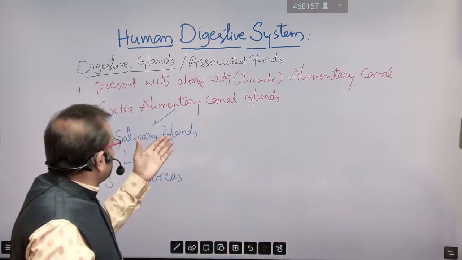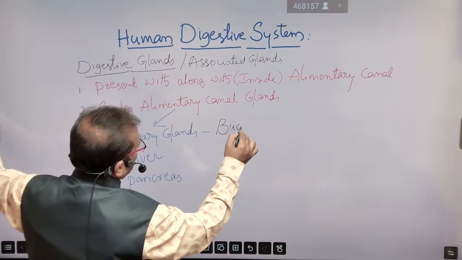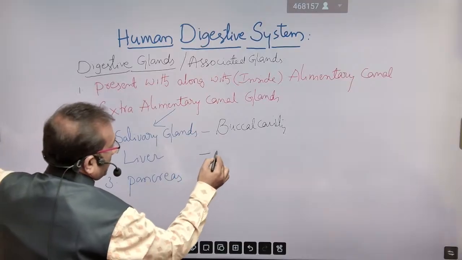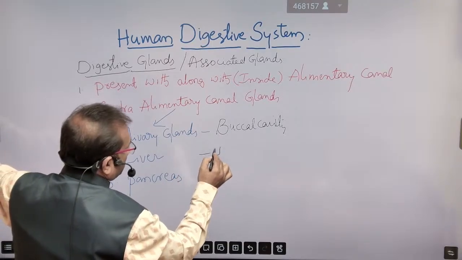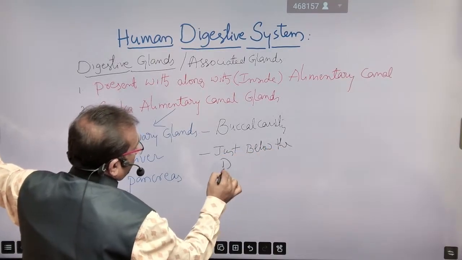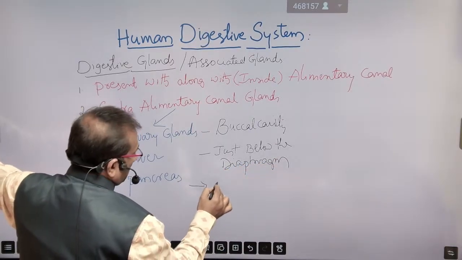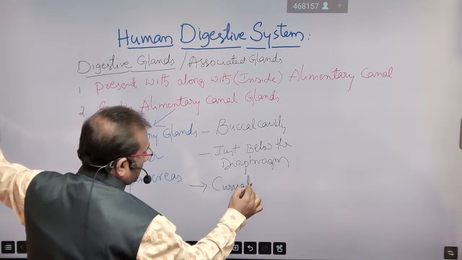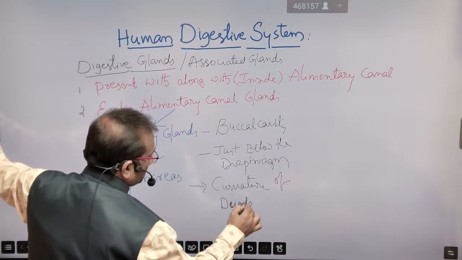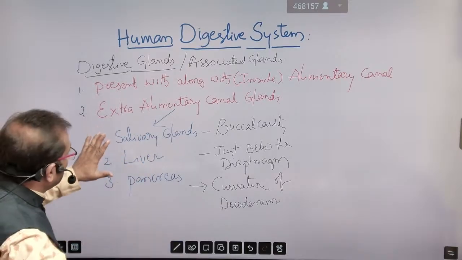The salivary glands are present in the mouth or buccal cavity, the liver just below the diaphragm, and the pancreas in the curvature of the duodenum. Outside the alimentary canal, these three glands are present.